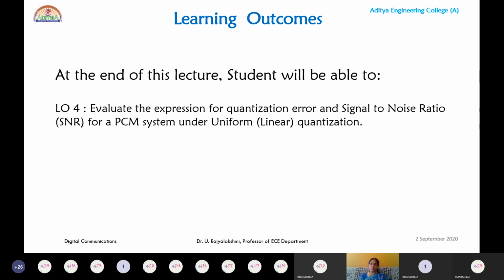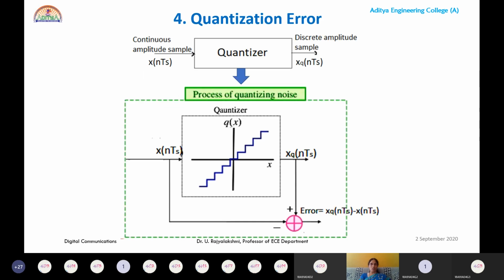We already discussed what is meant by uniform quantization. It is also called linear quantization, whereby the step size for the staircase waveform is fixed. The step size is nothing but the spacing between the representation levels or amplitude levels out of 2 power n.